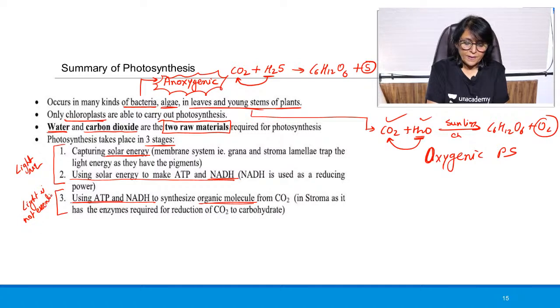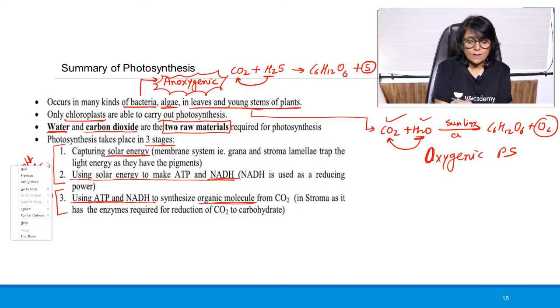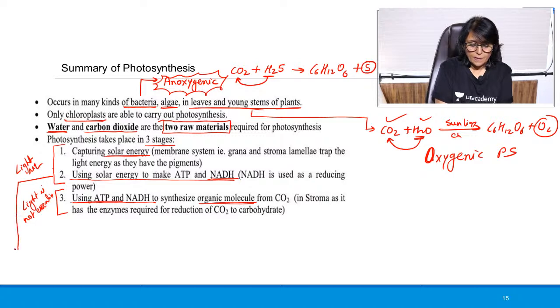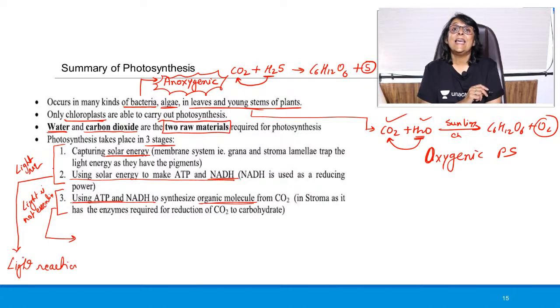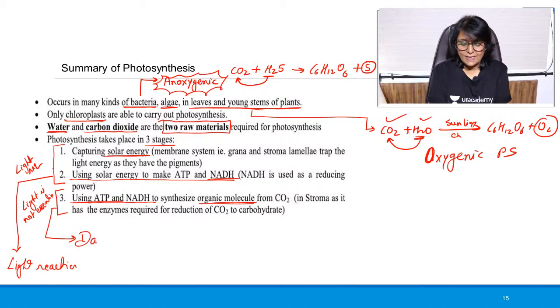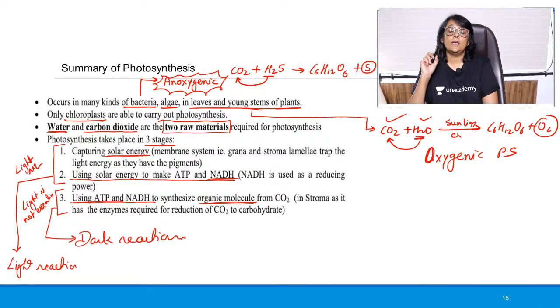That means this process which is light dependent can be called the light reaction, and this process which is light independent is known as dark reaction. So in junior classes when we studied photosynthesis, we always said light reaction and dark reaction.